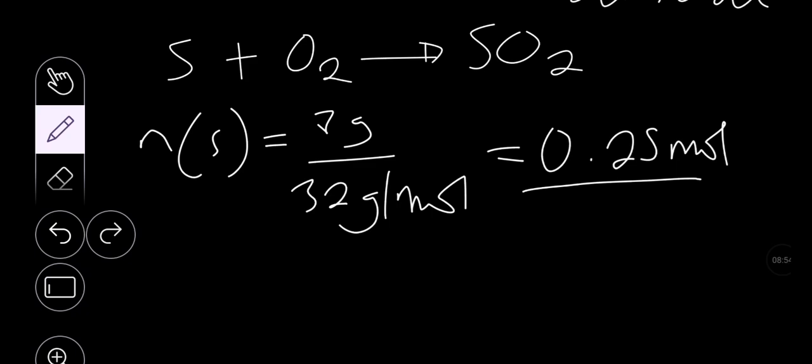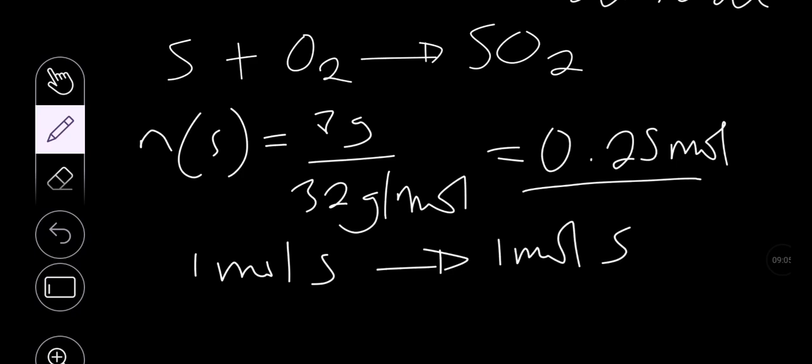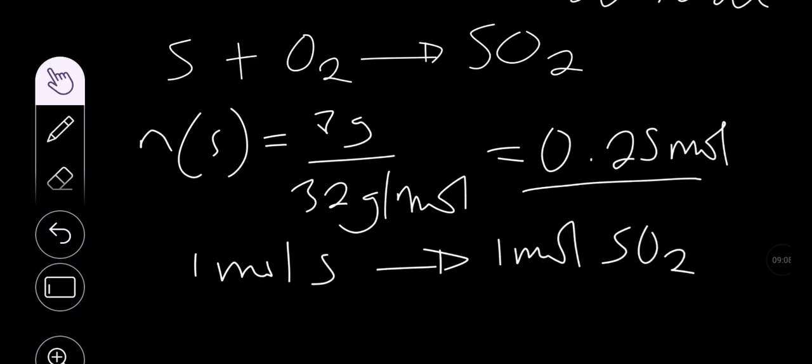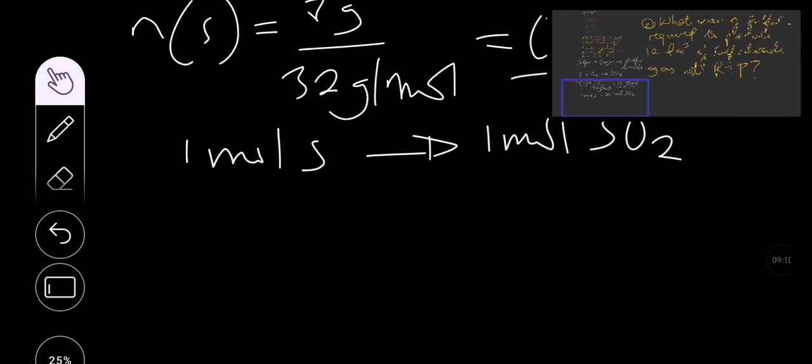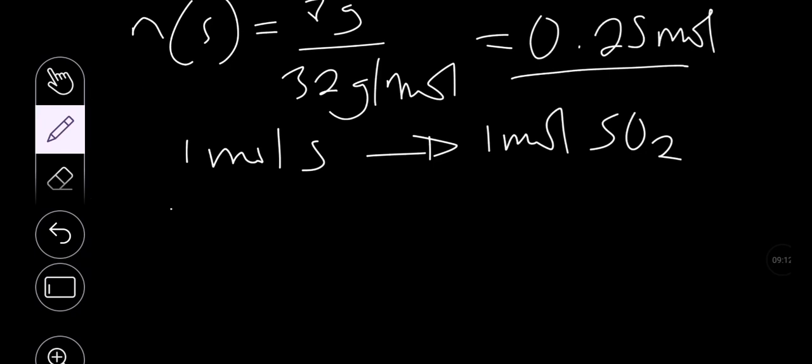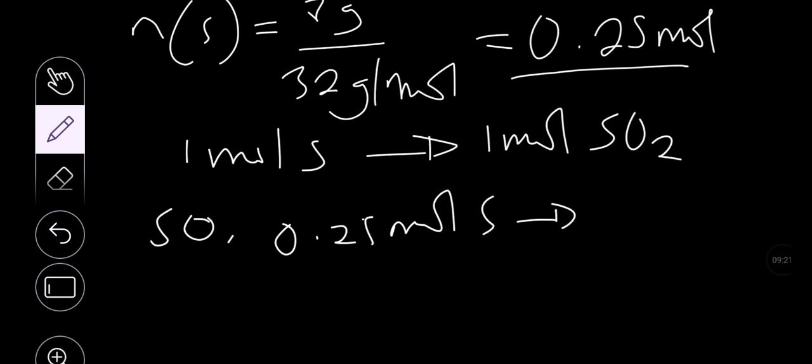Since the relationship is just 1-to-1, 1 mole of sulfur gives us 1 mole of sulfur dioxide. So this implies that 0.25 moles of sulfur is also going to give us 0.25 mole of sulfur dioxide.